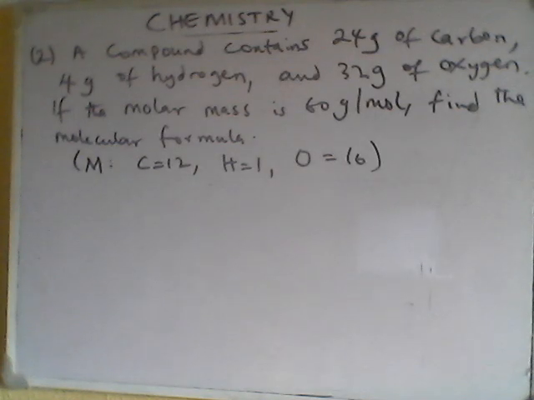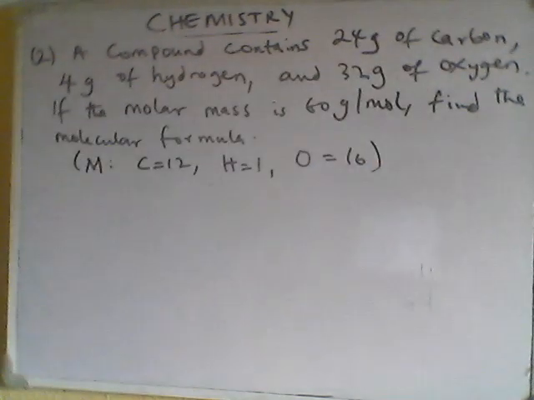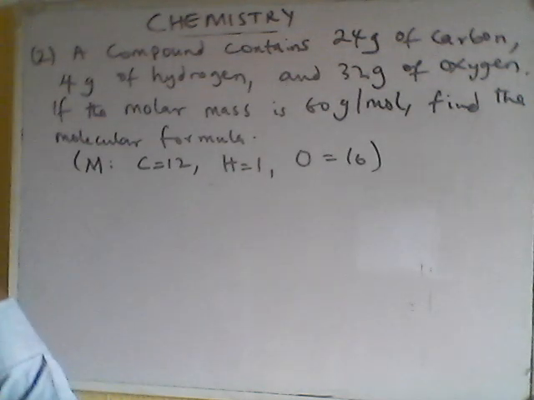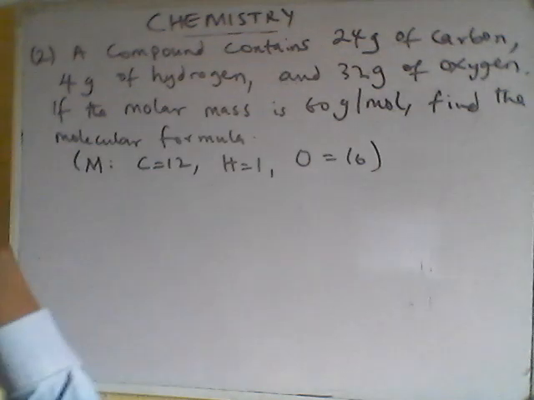Okay, so we have this question on the board. It says a compound contains 24 grams of carbon, 4 grams of hydrogen, and 32 grams of oxygen. If the molar mass is 60 grams per mole, find the molecular formula.